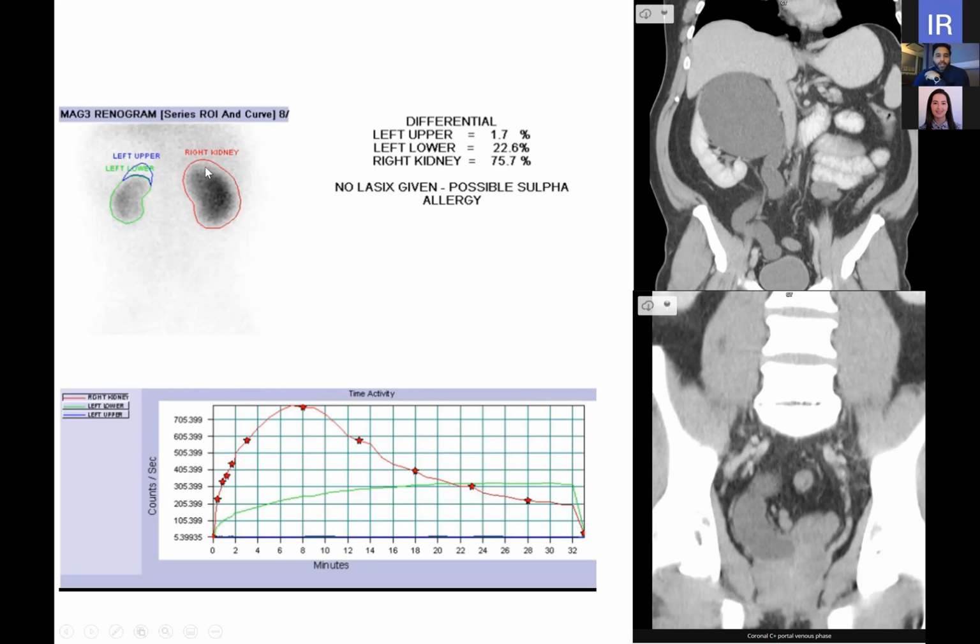And you appreciate that there's a compensatory effect, with compensatory renal function greater than 50% in the right kidney. This is depicted by the graph itself. So you've got a compensatory effect of the right kidney, a relatively reduced function of the lower pole of the left kidney, and virtually no function at the upper pole.